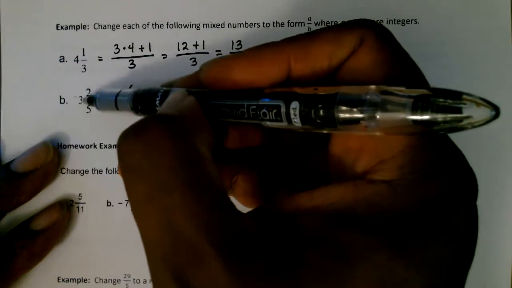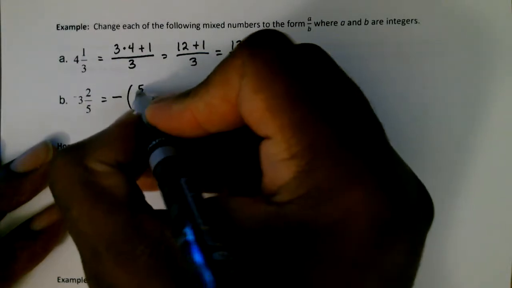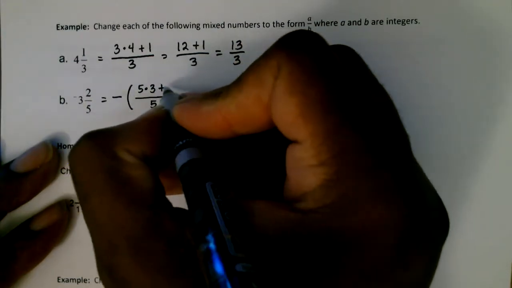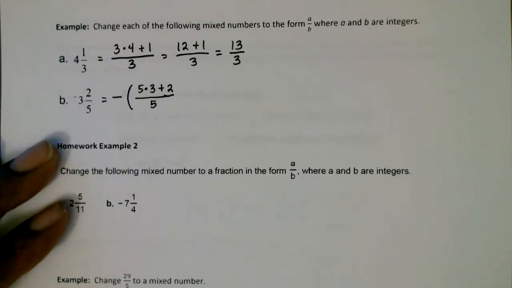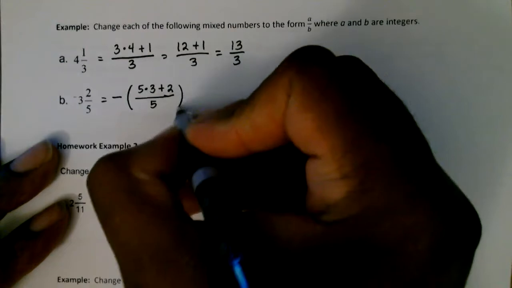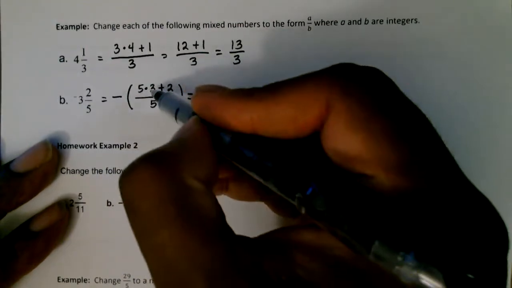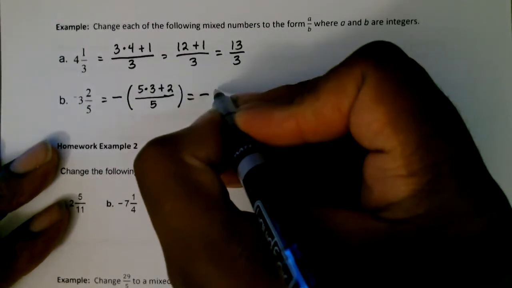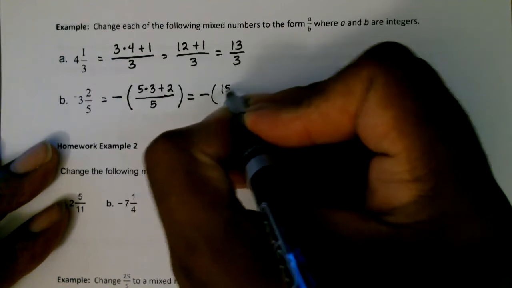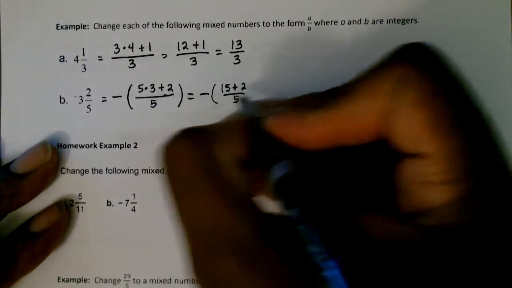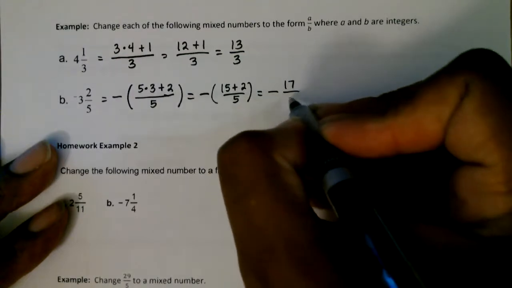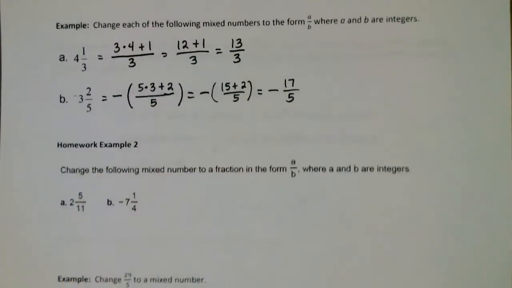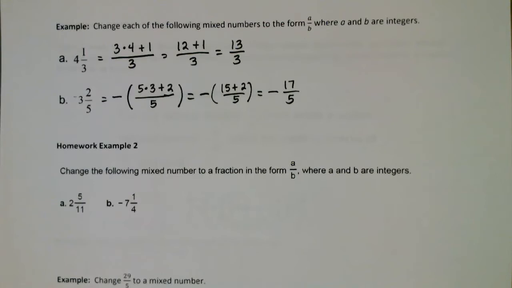We take the denominator times the whole number plus the numerator. 5 times 3 plus 2. Bring this negative over. 5 times 3 is 15. Plus 2 over 5. And 15 plus 2 will be 17. So it'd be -17 over 5.